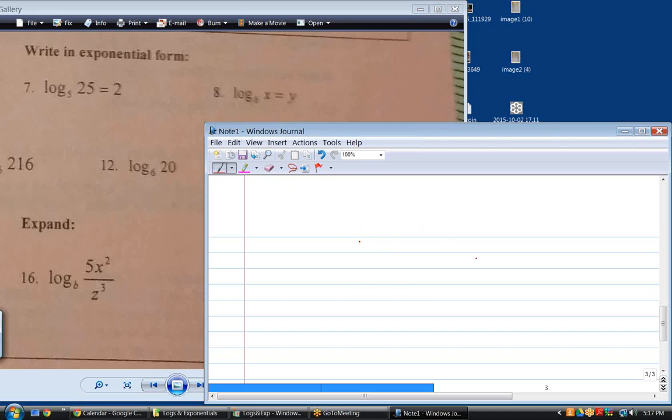So, let me give you this. Write that logarithmically. In other words, I've given you the exponential, put it in its logarithmic form. Log base y.